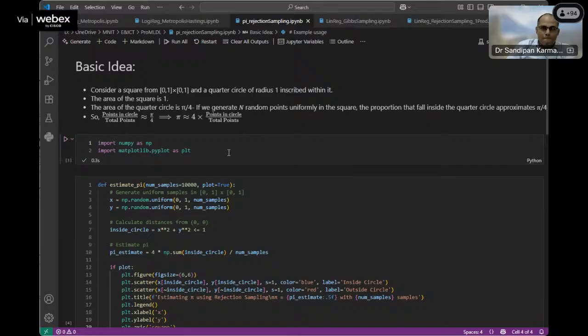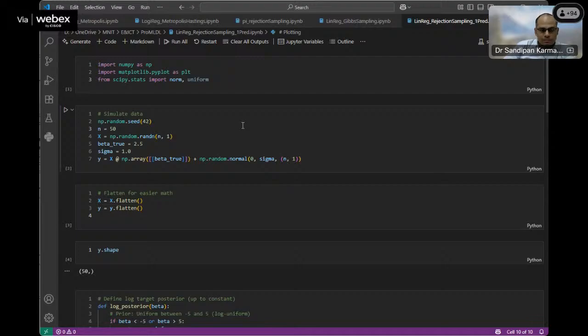Is it okay? Now we are going to this particular rejection sampling. So can anybody tell me what is the main logic behind rejection sampling? Can anybody tell me? It was covered in the very first session, I think.